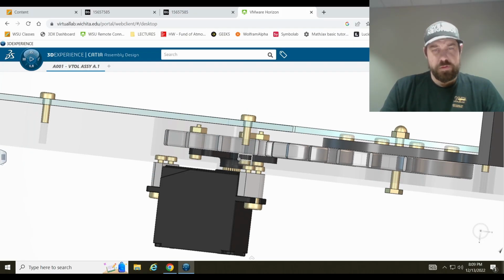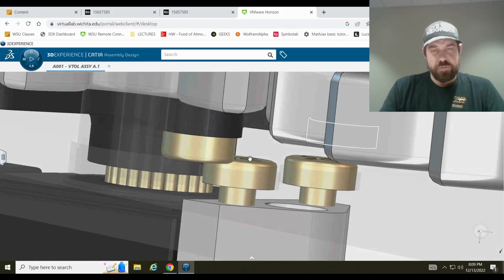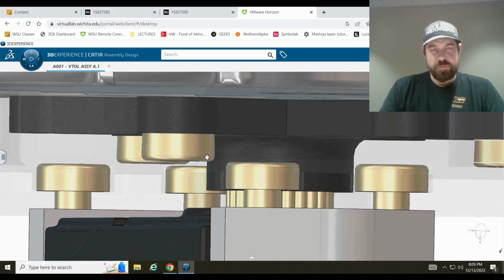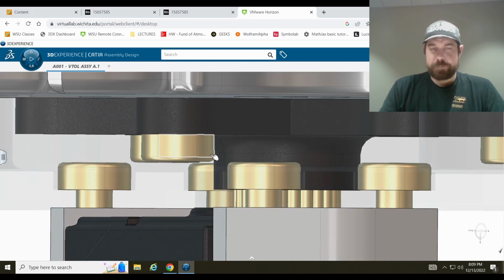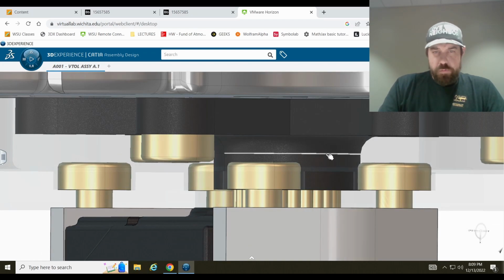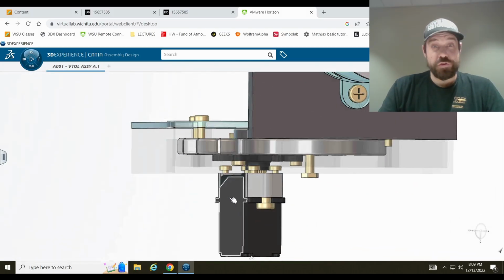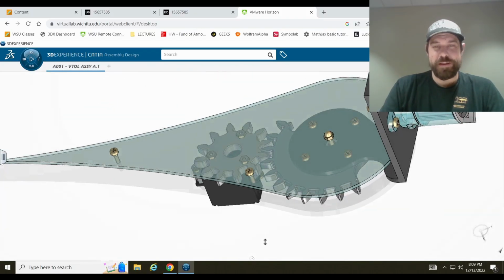So not a whole lot of clearance, but if our tolerances are good, these aren't actually going to overlap. There's just a little bit of clearance. You would probably use screws with shaved heads, but I didn't model shaved head bolts. But they do have clearance right now.